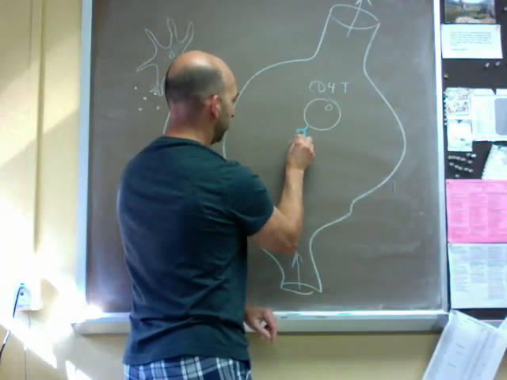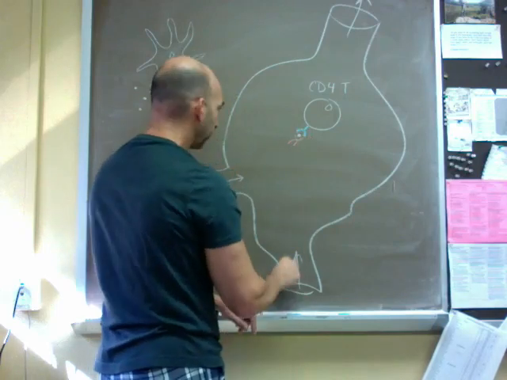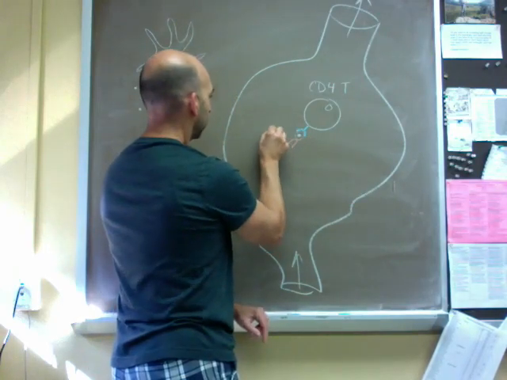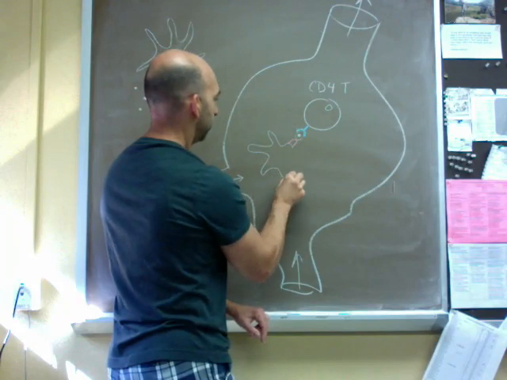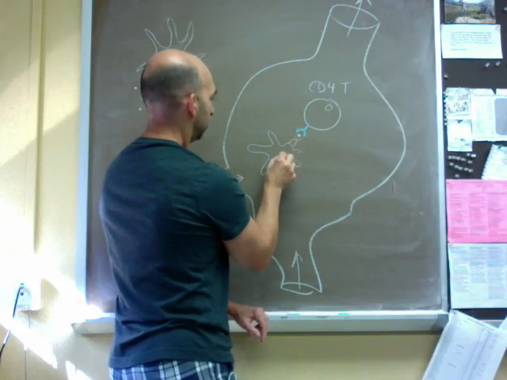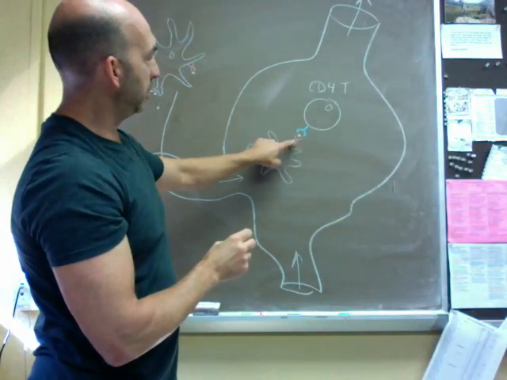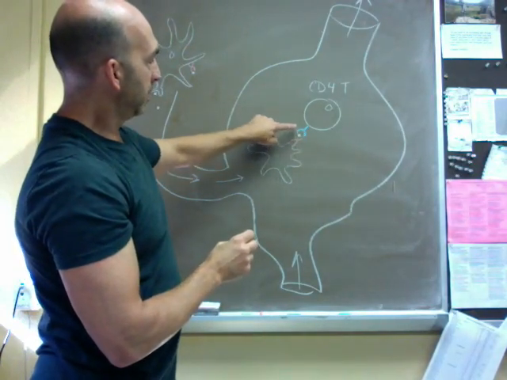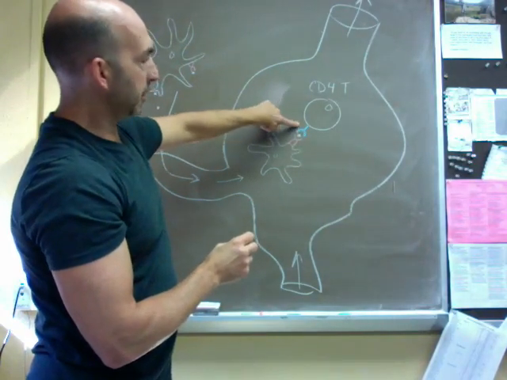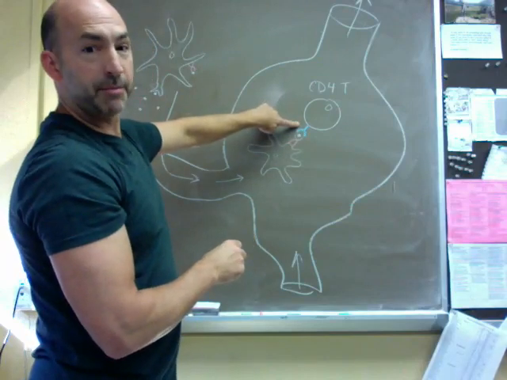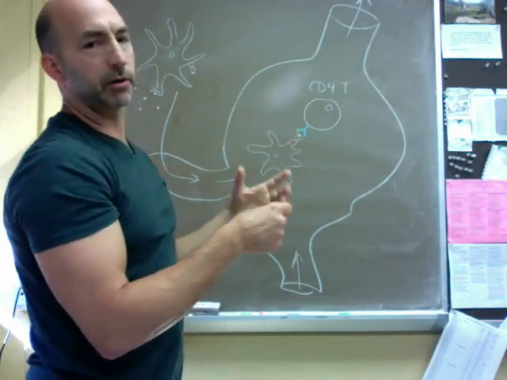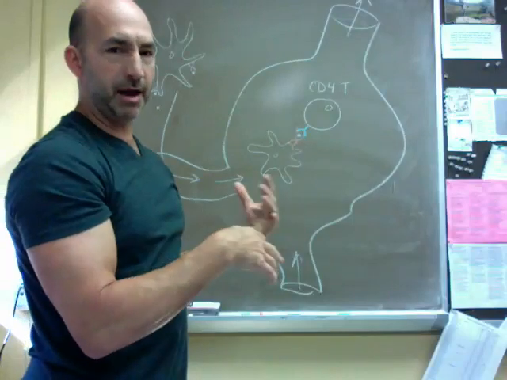Again, here's our presentation. And then we've got to make our rest of our dendritic cell. Right? So there's our dendritic cell presenting the antigen, an MHC protein, to the T cell receptor. Once that happens, we get activation, and there are other components. There are checks and balances here.